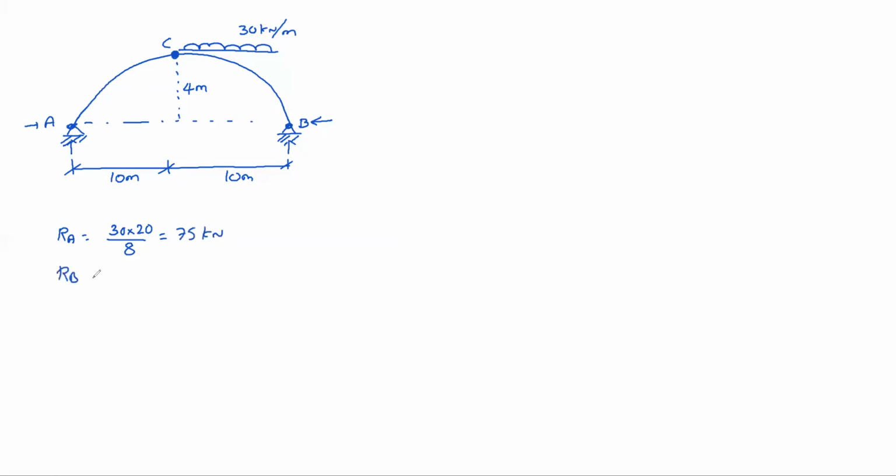RB equal to 3WL by 8, 225 kilonewtons. H equal to WL by 16H, 30 into 20 by 16 into 4, which is 9.375.